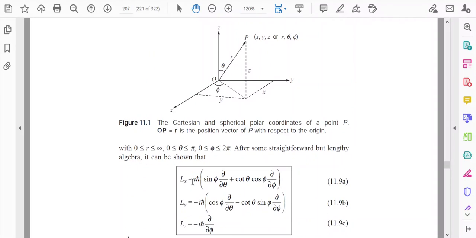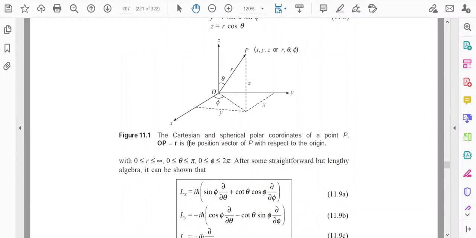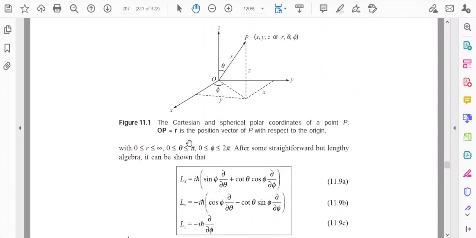If we use these relations, then the operator representation of the angular momentum operators in polar coordinates will be like this. We have to keep in mind that the limit for r is from 0 to infinity, for theta it is 0 to pi, and for phi it is 0 to 2 pi.